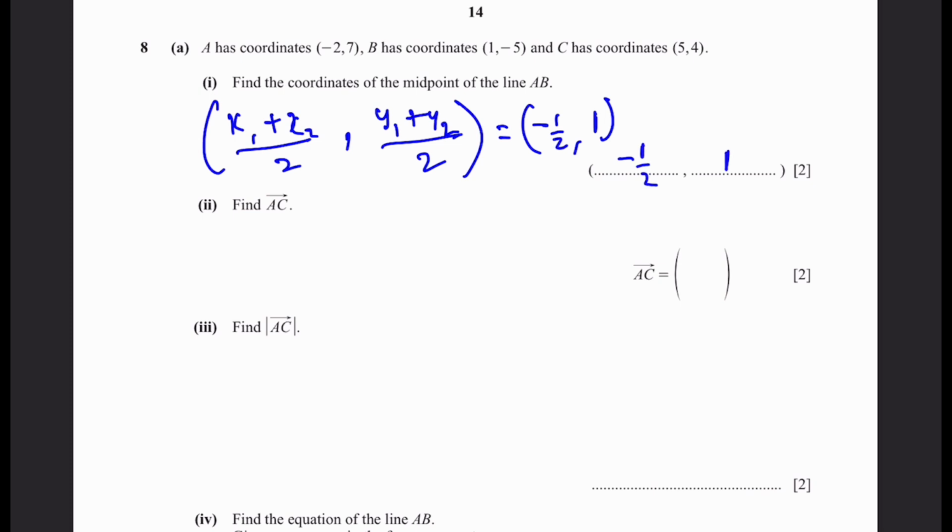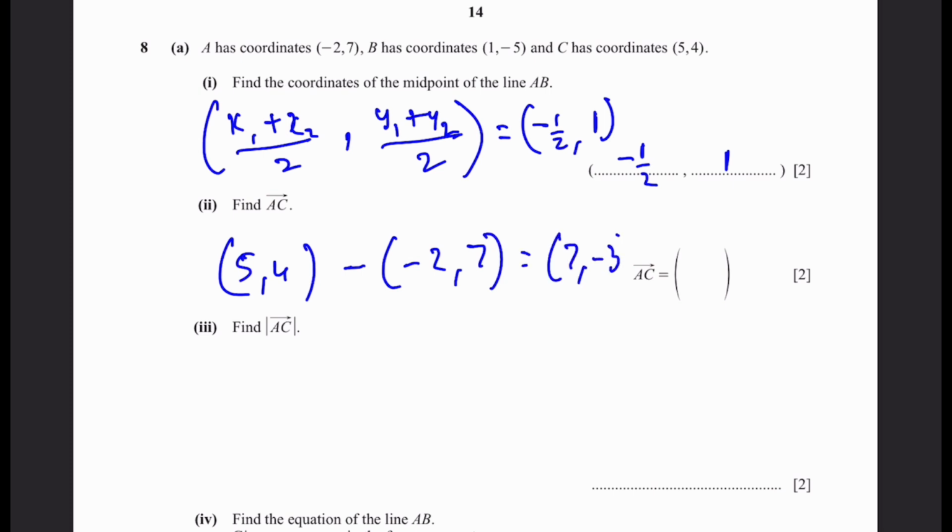Now, going to part 2. Find the vector AC. Vector AC is going to be equal to the point C coordinates minus the point A coordinates, and we just write that in vertical notation. So 5 comma 4 minus minus 2 comma 7, and this will become 7 comma minus 3, and now we just write this in vertical notation to get 7 minus 3.